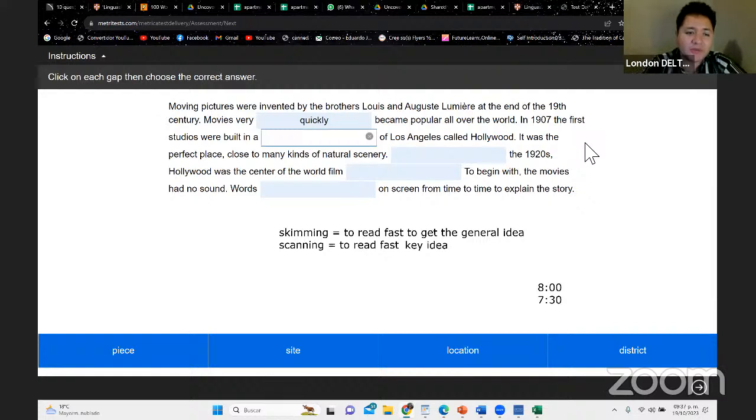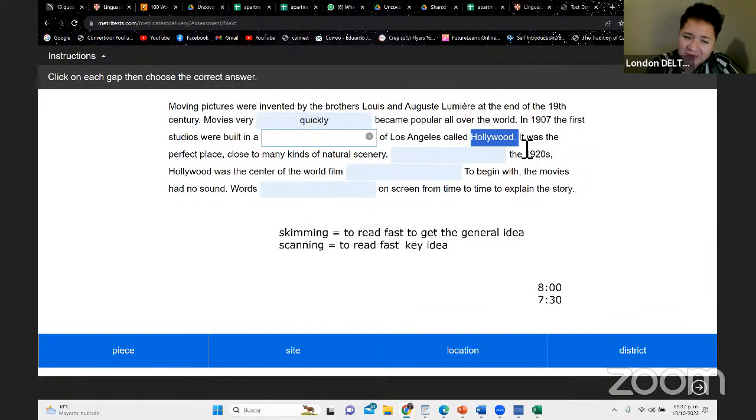Pay attention, right? We are talking about the studios in of Los Angeles. And what is this? It's Hollywood. So what the question here is, what is Hollywood? Is Hollywood a district? A location?